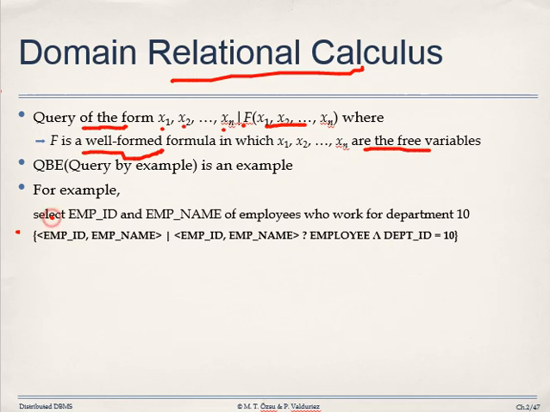For example, select the employee ID and employee name of employees who work for department 10. We can write such a query in domain calculus like that: employee ID, employee name in Employee where department ID is equal to 10. Okay, this is domain calculus.